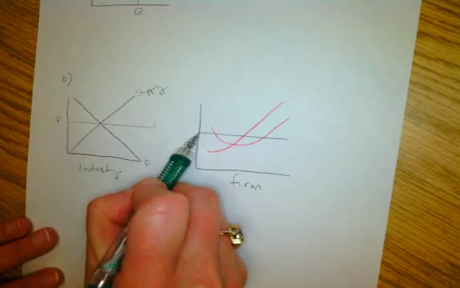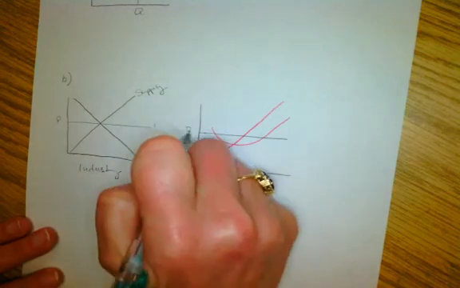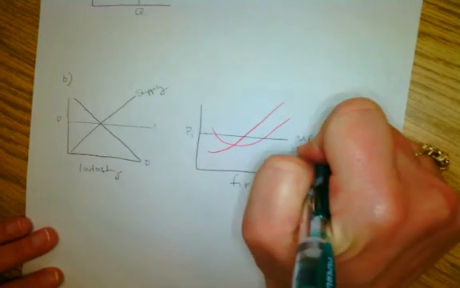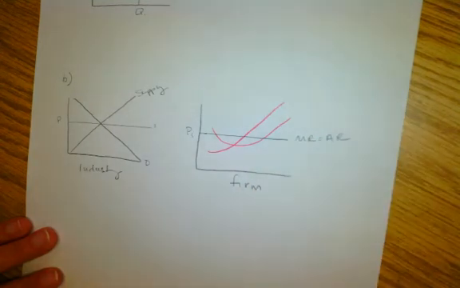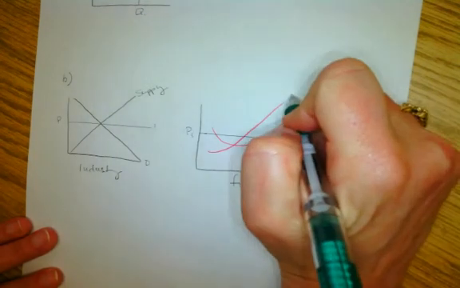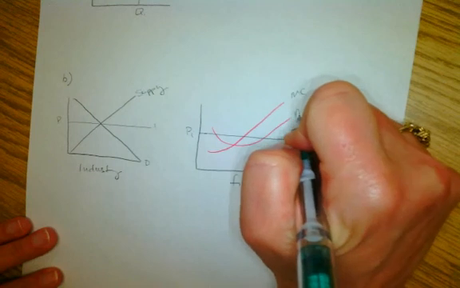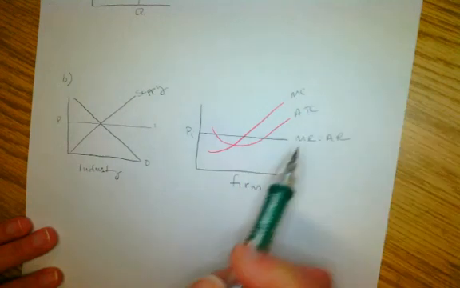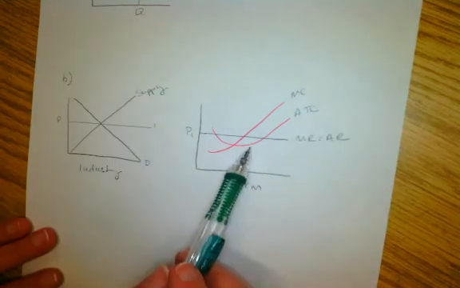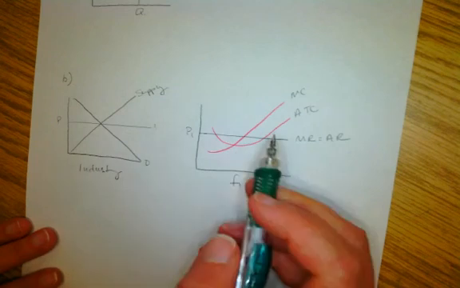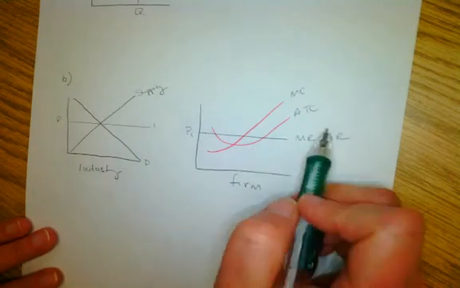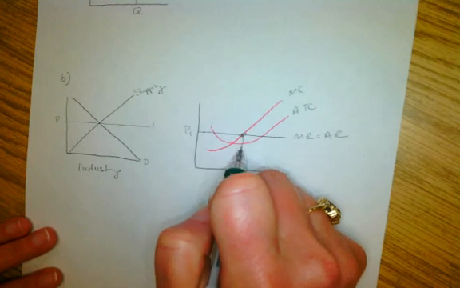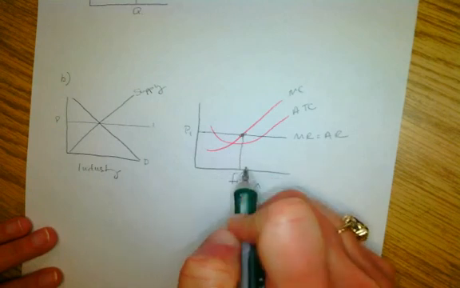So we're just going to take this over and draw that. That's also our price. This is our marginal revenue, which is equal to our average revenue. This is our marginal cost curve. This is our average total cost curve. And so once again, we're showing still a profit here because we are operating at this point. This is our quantity.